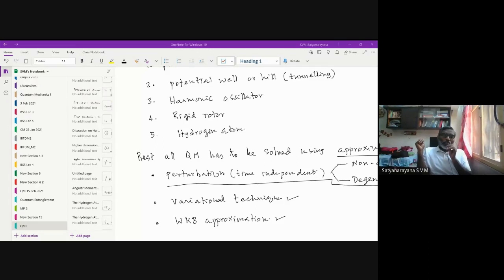For example, let us say you have psi, and I want to say that this particular particle, say an electron in the ground state of the hydrogen atom, is in up state or down state. I want to represent that, so I will write psi 100 and 0 as a column vector. If it is in down state, 0 and psi 100 as the column vector.